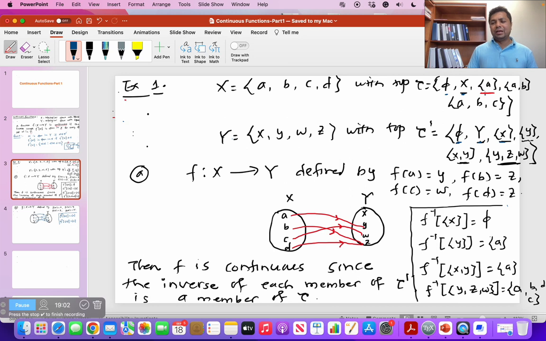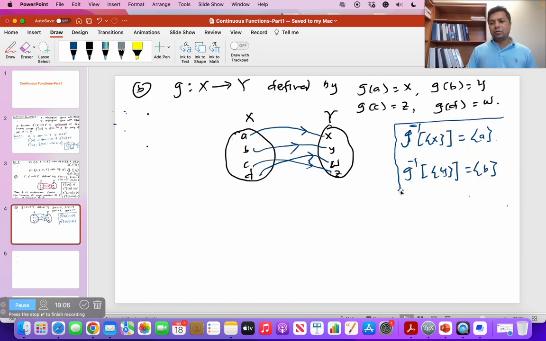Now you can see it's not in tau. That means here we found one element in tau prime whose inverse image is not an element in tau. So g is not a continuous function.